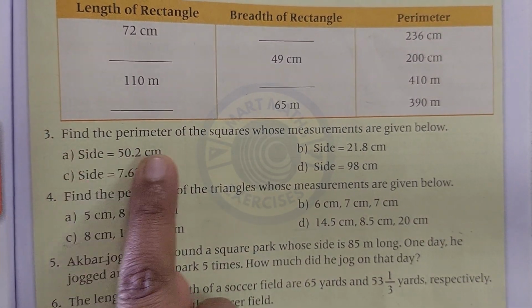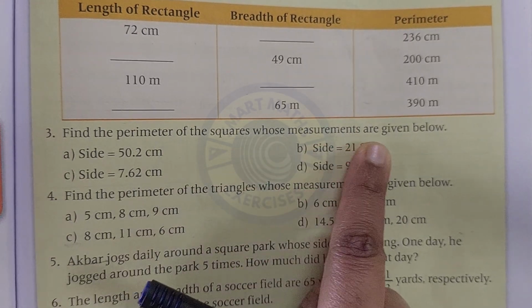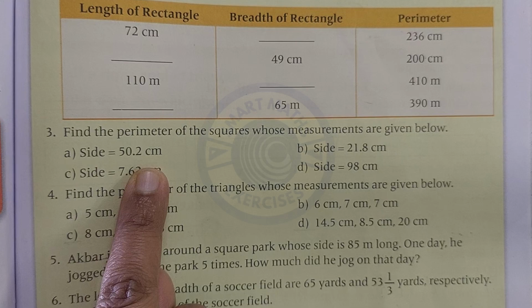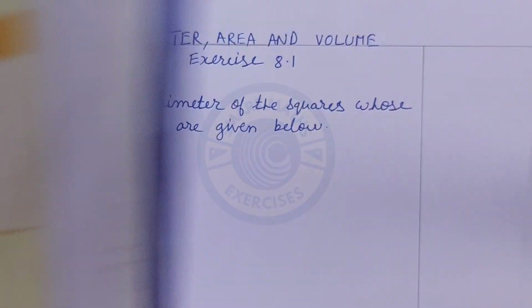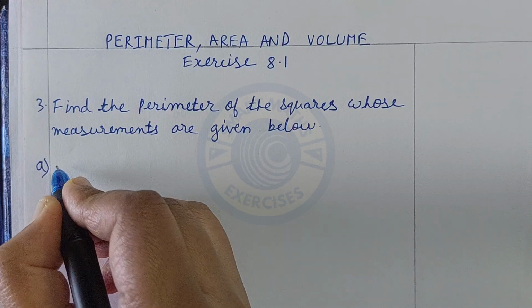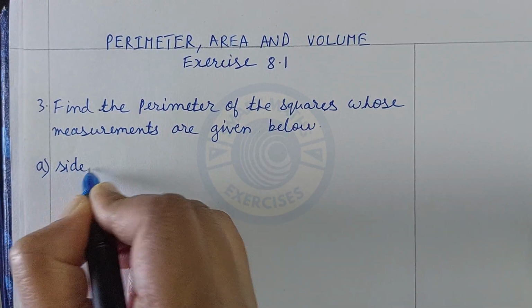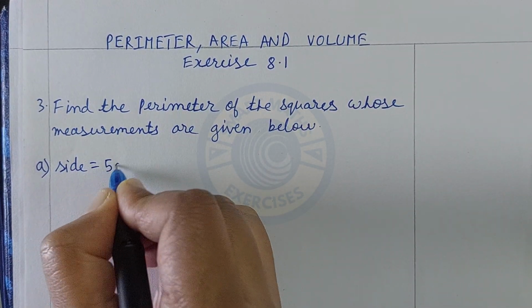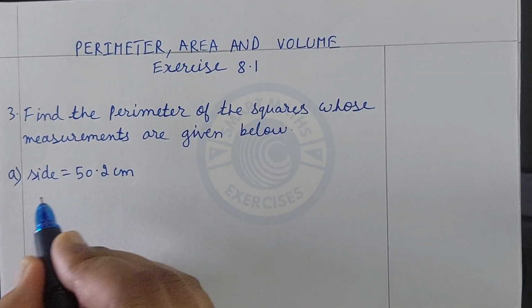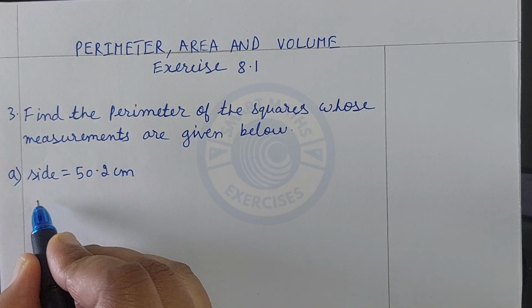Third main. Find the perimeter of the squares whose measurements are given below. First question. Side is equals to 50.2 centimeter. Let us represent perimeter of square as POS.